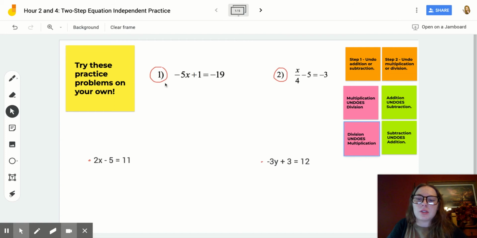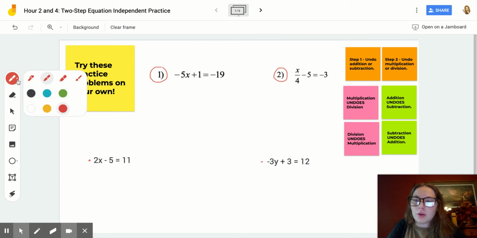I circled 1 and 2 because these are ones I want to focus on today. For number 1, we have negative 5x plus 1 equals negative 19. According to our steps, step 1 is to undo addition or subtraction. Here I noticed there's an addition sign. And when the negative 5 and the x are together like that, that means they're multiplying together.